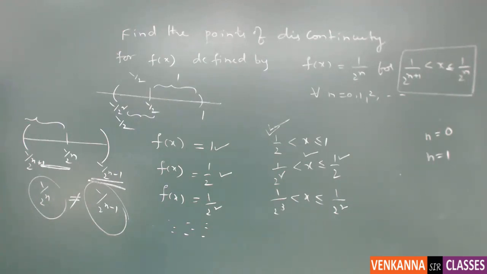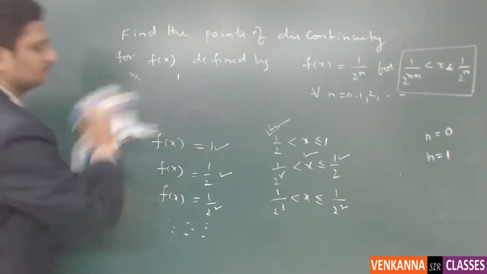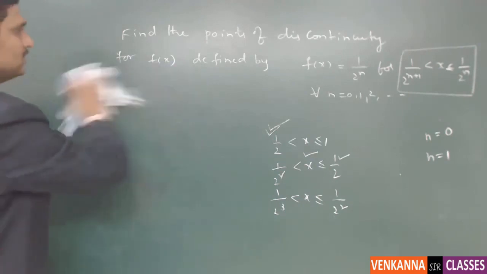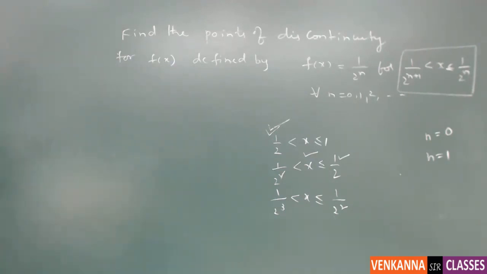So whenever you take a left neighborhood and right neighborhood, you are taking the upper value. Yes or no? Yeah, I will repeat this again. Just hold on a moment. I will draw this again.